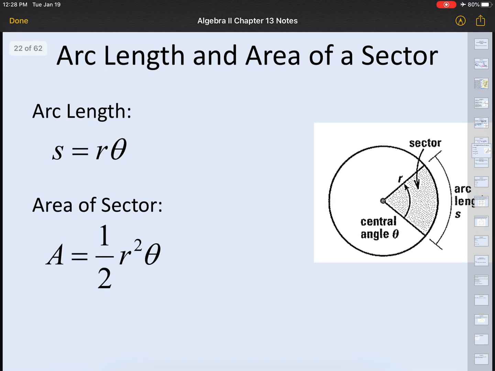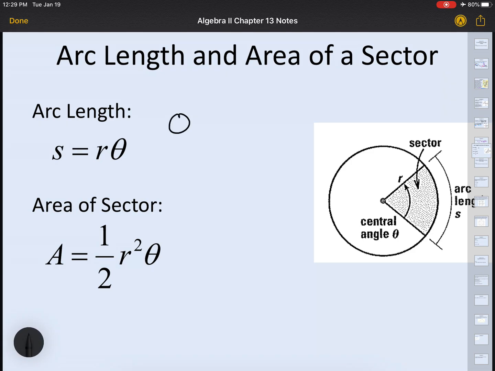The last thing we're going to talk about is arc length and area of a sector. We have two special formulas, to find the length of an arc, normally we call it S, and then the area of a sector, which is like a piece of pie. It's just the area of that pie shape in that circle. And it's always in respect to radians.